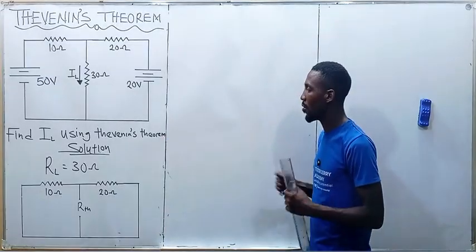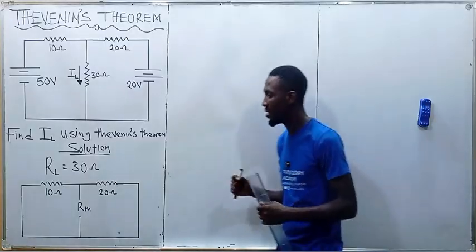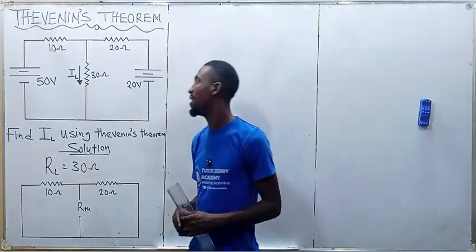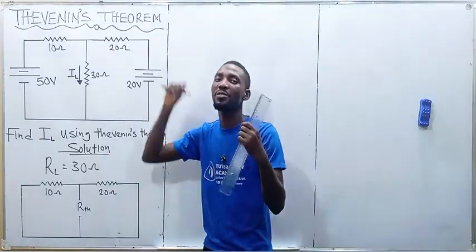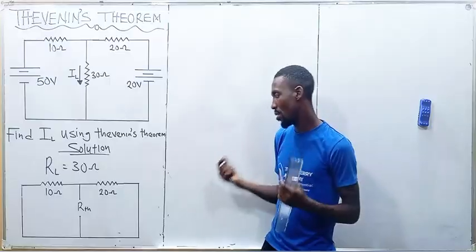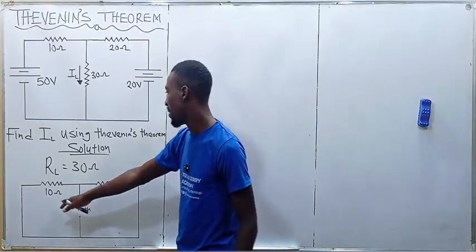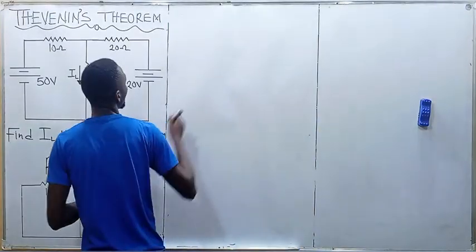All right. So for us to calculate the Thevenin's resistor, we have removed all the independent sources, and we also removed the load resistor. Now you are going to observe that 10 ohms is parallel to 20 ohms.